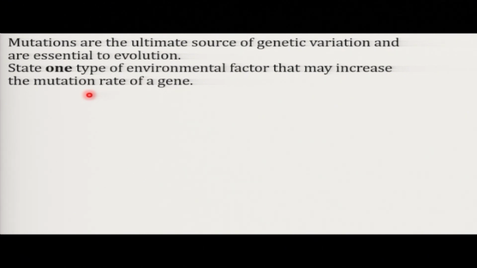So what do you think? They're saying state 1, but can we have more than 1 answer for that? That for us to have genetic variation and also life to evolve, to keep changing, definitely a mutation has to take place.